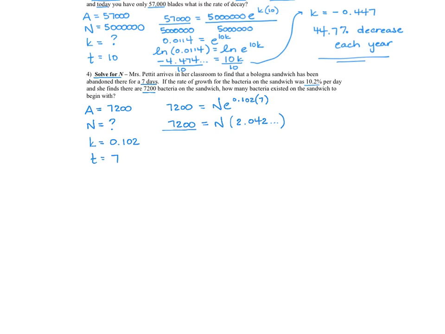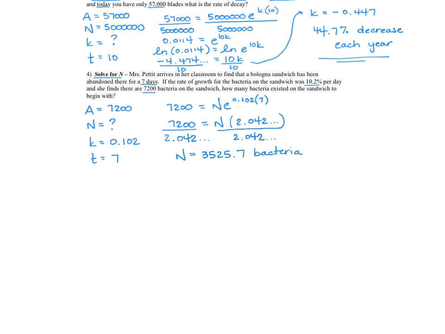So if I divide 7,200 by that entire value, I'll find out that the number of bacteria that started on the bologna sandwich was 3,525.7 bacteria.